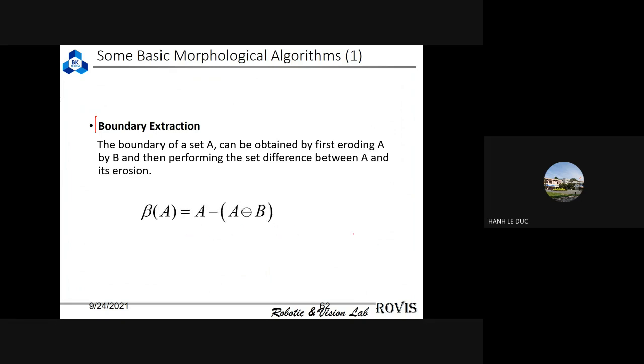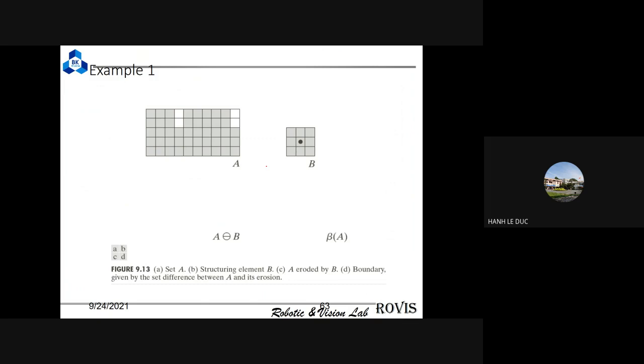Boundary extraction. What is the function? What is the meaning? We erode with the kernel, and then we take the original image minus the erosion result, right? We have the result here, right? And then we have the original minus the result, and then we will have the boundary extraction, something like this.